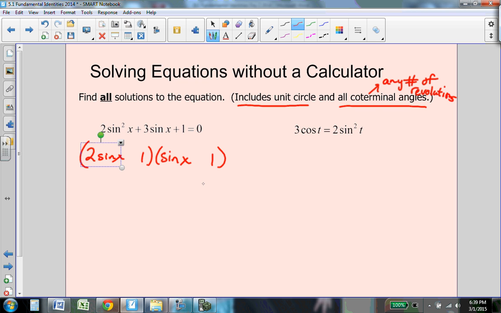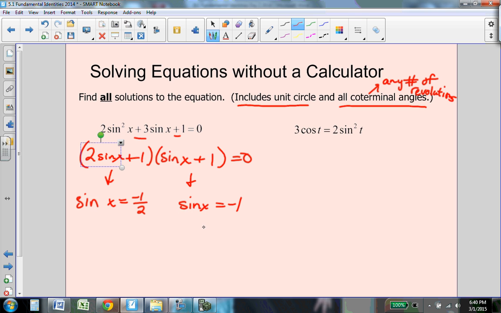I need a 1 and a 1, same sign, both positive, so those equal 0. So setting this one equal to 0, sine of x equals negative 1 divided by 2, and for this one, the sine of x equals negative 1.